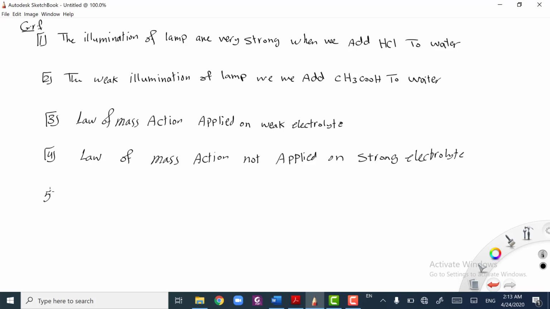Number five, in the exam of 2019, no free hydrogen ion in aqueous solutions. Let's answer.